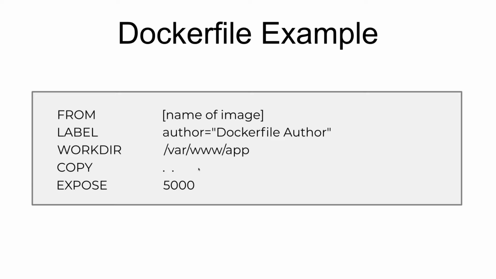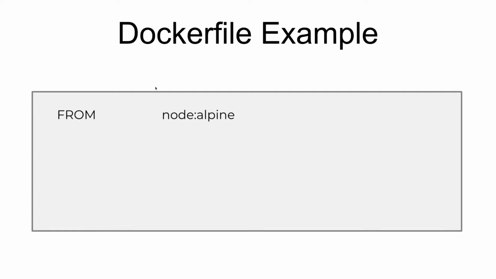All right, now to make this a little more specific, let's move along here. For instance, I could make a Node.js image. I could say FROM node:alpine as the base of my cake. So I want all the Node functionality, because I don't want to write that.